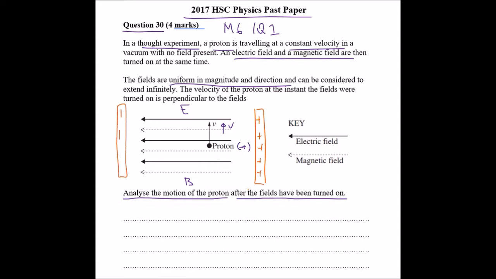Based on that idea, we know that the positive charge is going to be attracted to the negative plate. So the proton is going to get dragged towards this side in sort of a parabolic shape. It's going to be moving towards that direction.